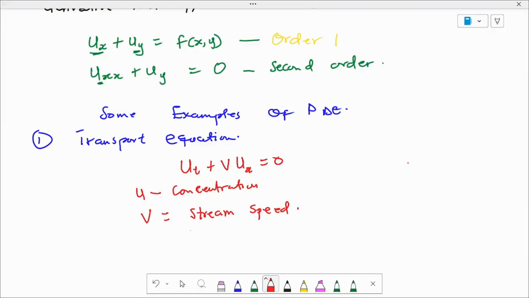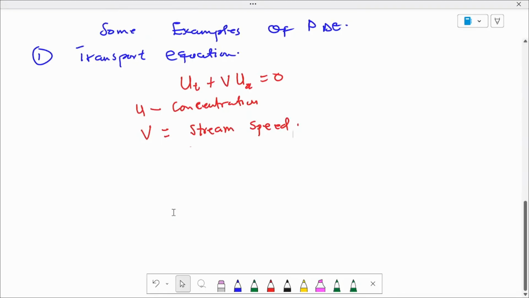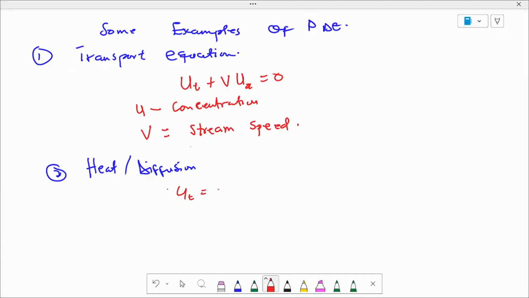Then we have another example, the heat or diffusion equation. The heat equation is given as ut is equal to k uxx. Now k is a constant which represents the rate of diffusion.